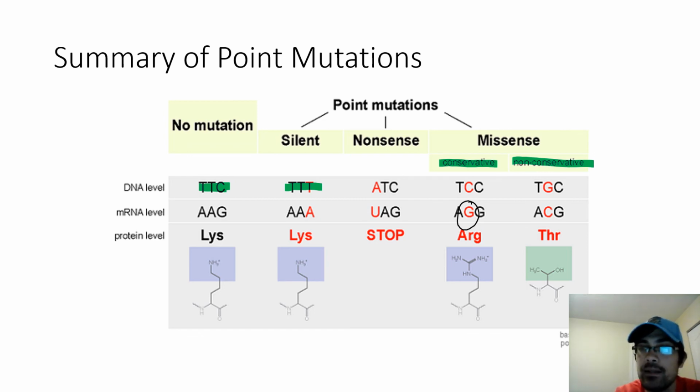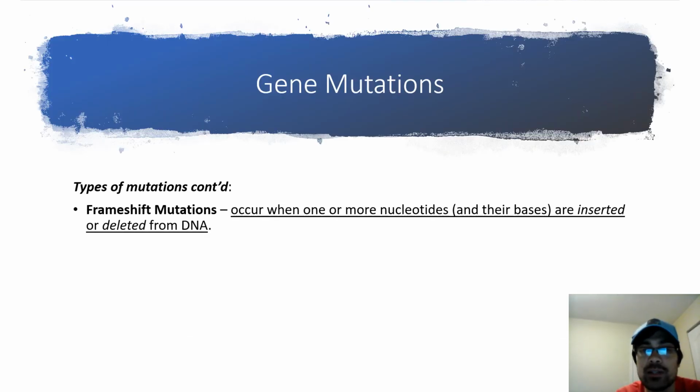Okay. The last type of mutation is called a frame shift, and these tend to be a little bit more dangerous because an entire nucleotide gets added in or is completely removed. It's no longer replaced. We accidentally added one too many, or we just didn't add enough.